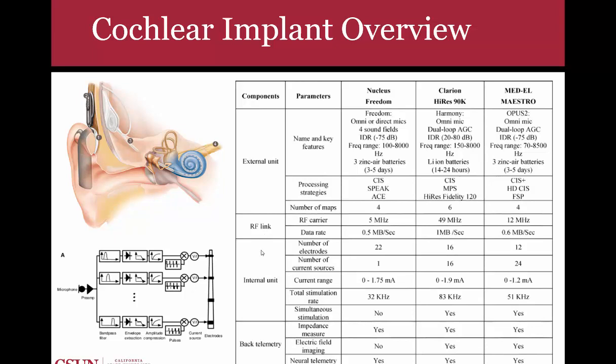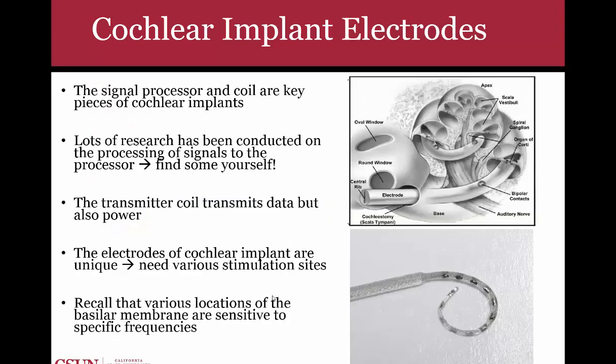There's some research that's been done on the actual electrodes, the stimulation rate, the waveforms. All of that is pretty well covered in the literature. But what I wanted to focus on here is the actual electrodes, because they're pretty unique given the, I guess, challenging anatomy of the cochlea.